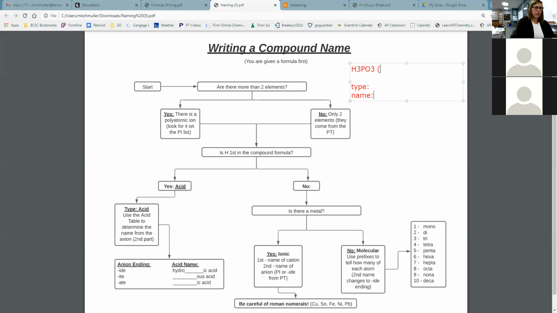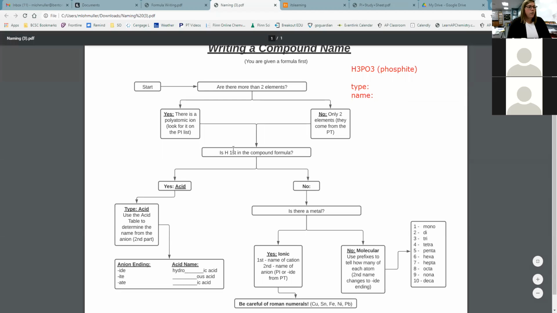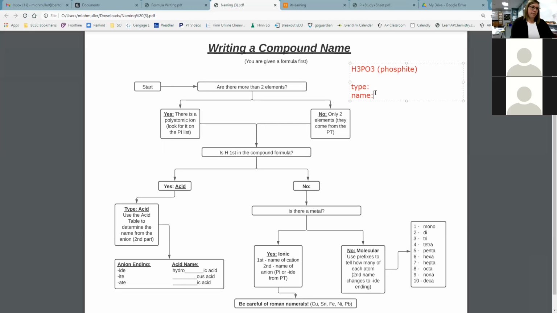So I'm just going to put phosphite up here so that I don't forget it, because I probably will, because I have to flip through all these things. Okay, so then after we figured out it's a polyatomic ion, now is hydrogen first in the compound formula? Yes, it is. Since the H is in the front, that means the type of compound is acid.